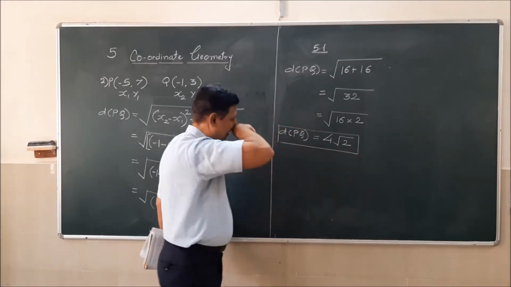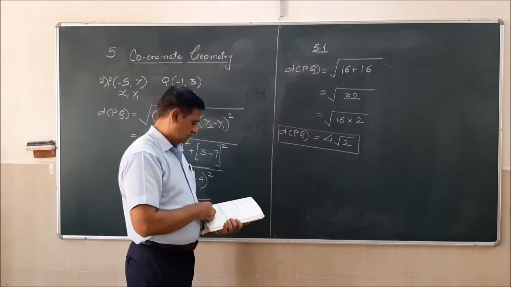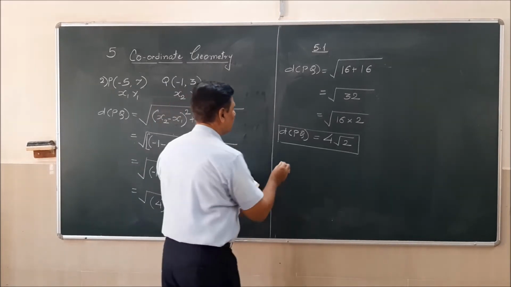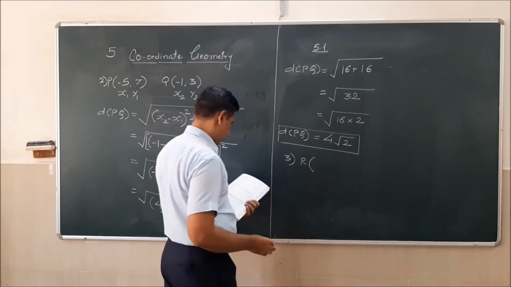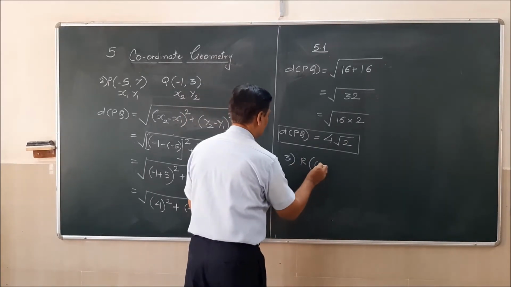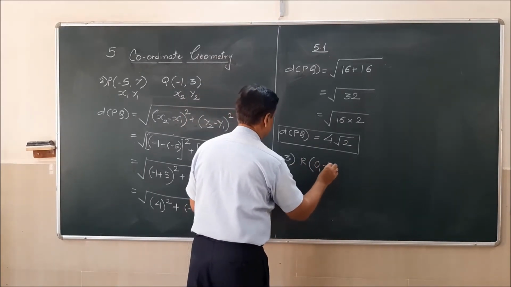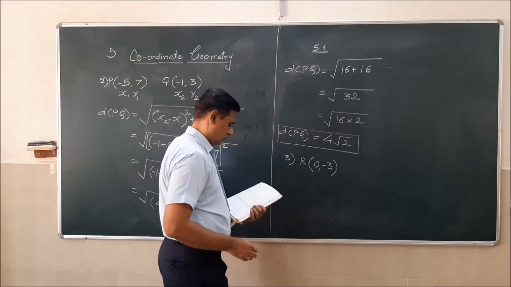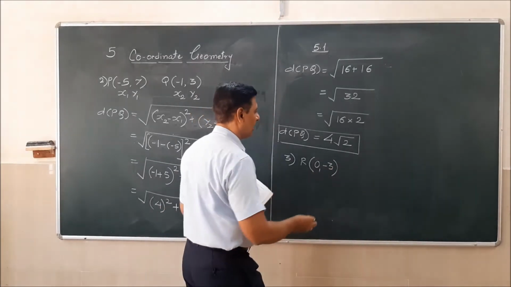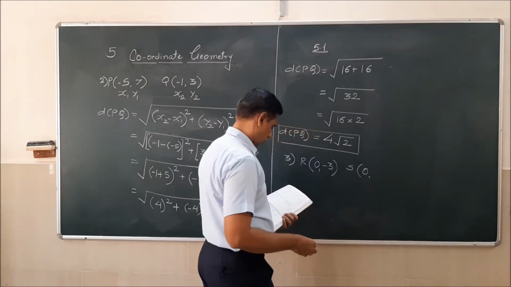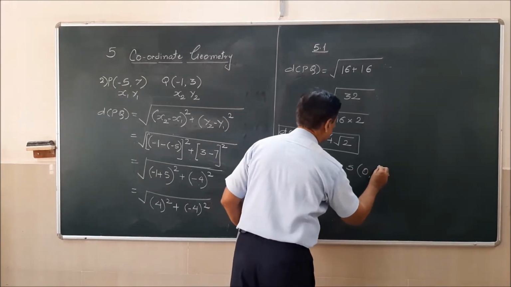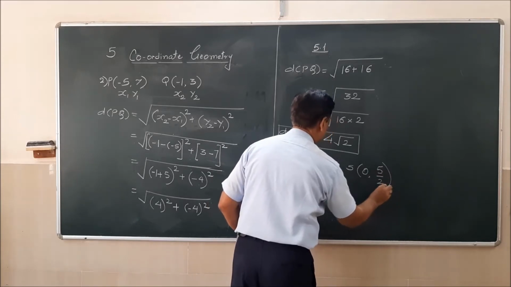Is that clear? Now next is the third one. Point R is having the coordinates 0, minus 3, while the coordinates of S are 0, 5 upon 2.